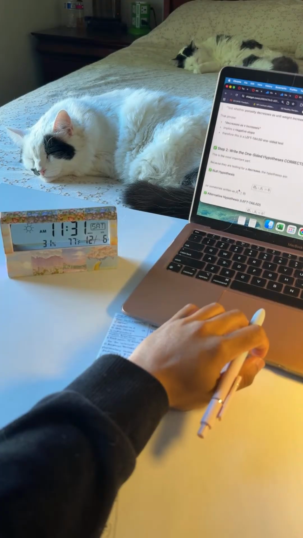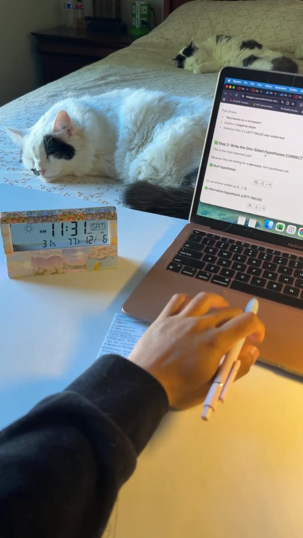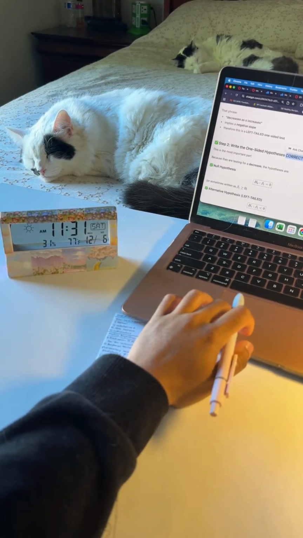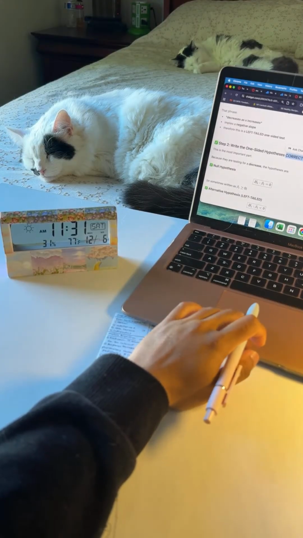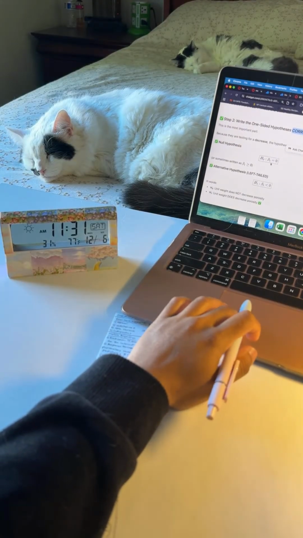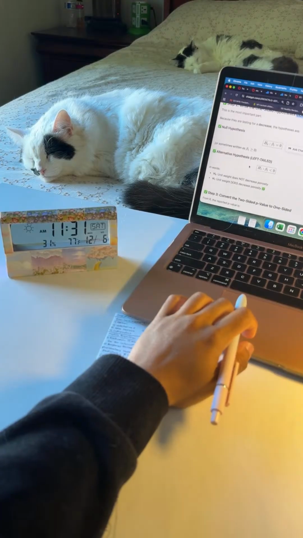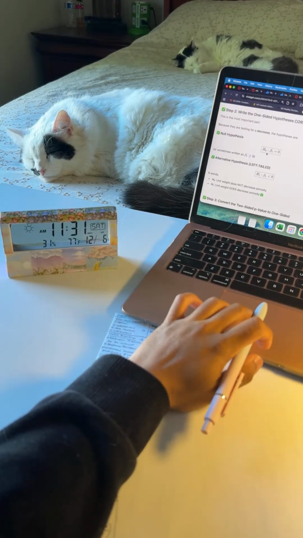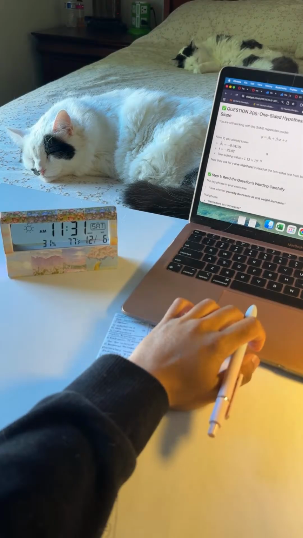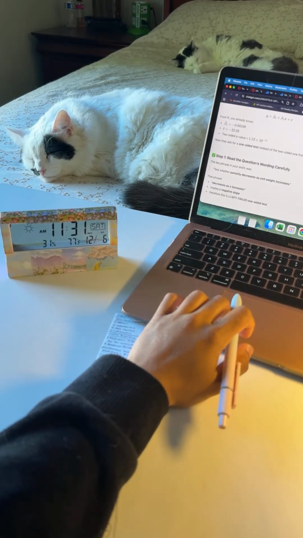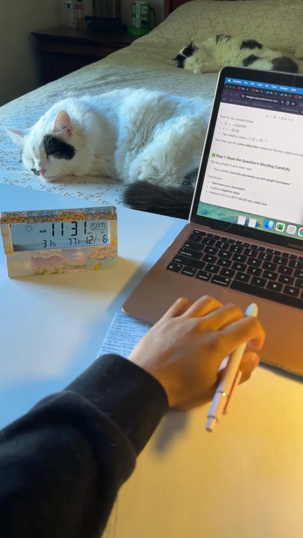It's 0 or less. So write the one-sided hypothesis correctly. It's the most important part because it's testing for decrease. Hypotheses are sometimes written as beta 1 greater than or equal to 0. Oh. If it's written as this, I can't tell. It's one-sided. So, let's see here.